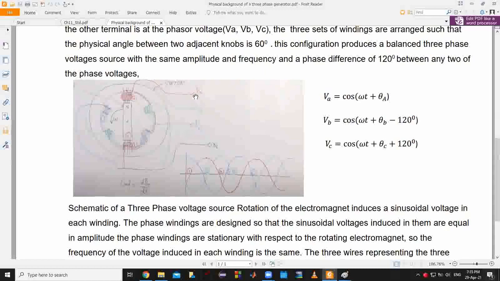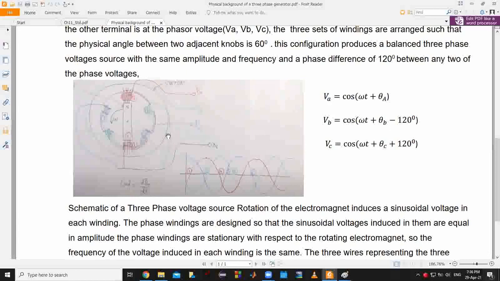And so the three different wires are wound around the knobs. You see that they face each other like this and like this. And so in order to obtain a balanced three phase, the angle between consecutive knobs must be 160. So this angle is 160.